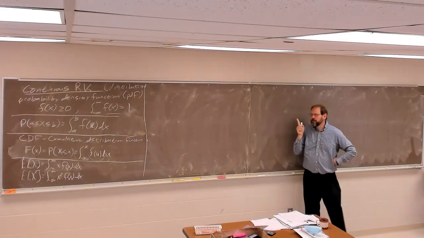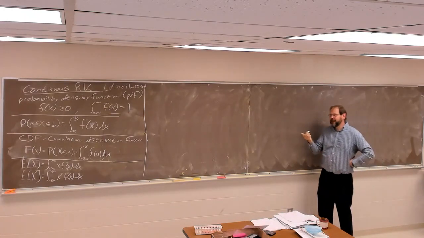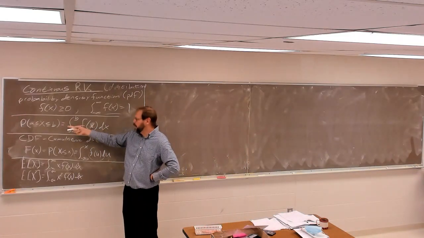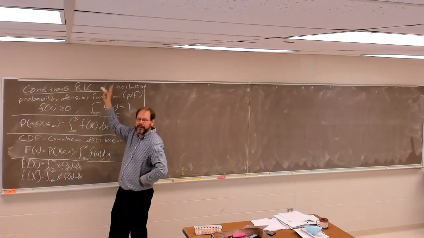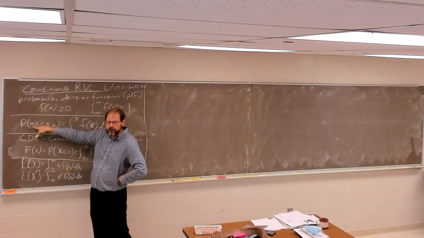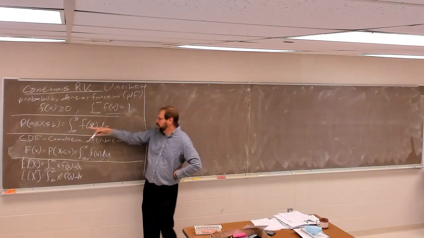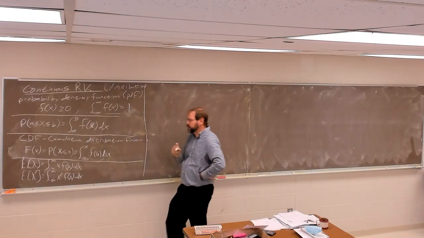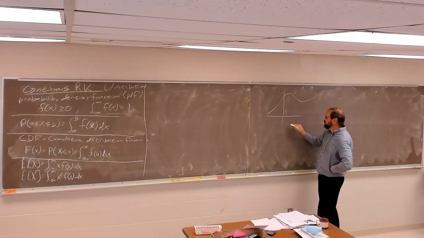Because I compute probabilities with continuous random variables using the sum version for functions, the Riemann sum, which is a definite integral. So if I want the probability that my random variable takes values between some value a and some value b, I calculate the definite integral of f of x dx from a to b.